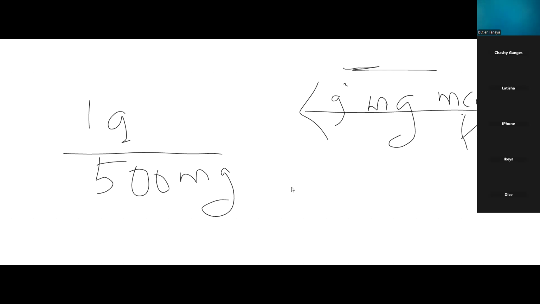So if you're going milligrams to grams, you would have to take that 500 and divide it by 1,000, which would give you 0.5. Here's your decimal. 1, 2, 3. If you do the math, you're still going to get 0.5 grams. You could do it like that. I suggest that you get rid of the decimal and that you go the other way. So if you're going to the right, you're going to multiply, right?